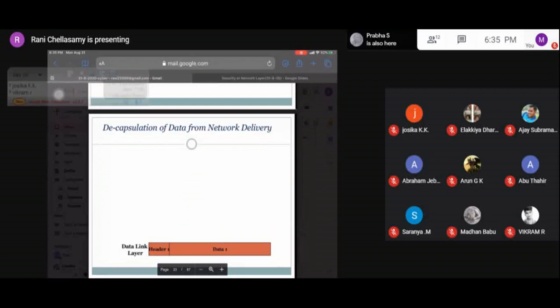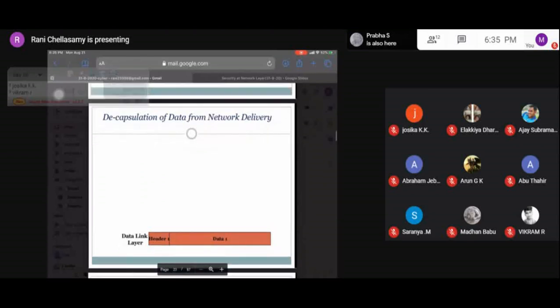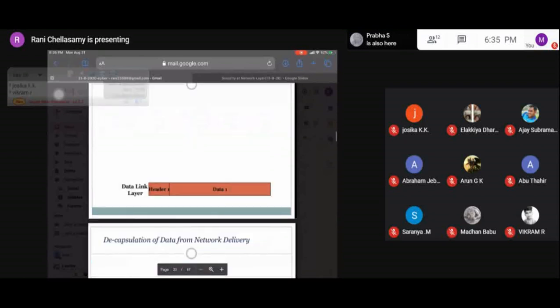At the receiver side, the decapsulation process goes on. Decapsulation means separating the header from the data. Here is the decapsulation of data from the network delivery. This is the data link layer, where you have the data as well as the header part.